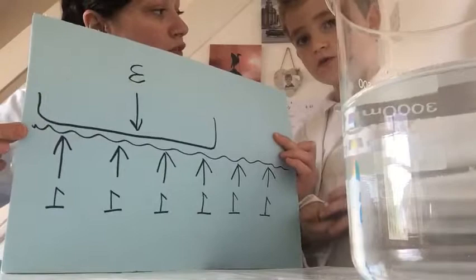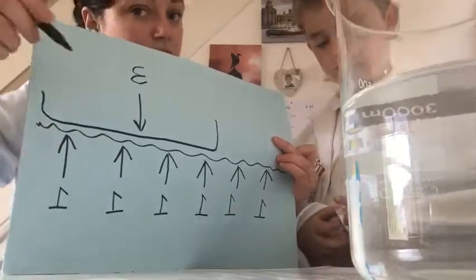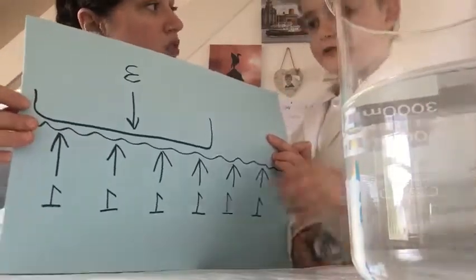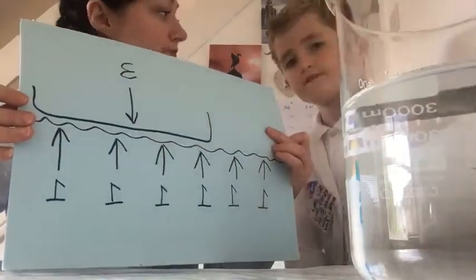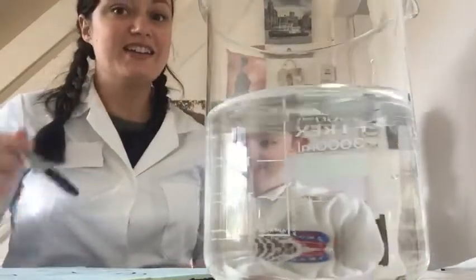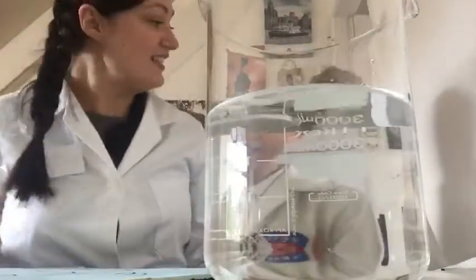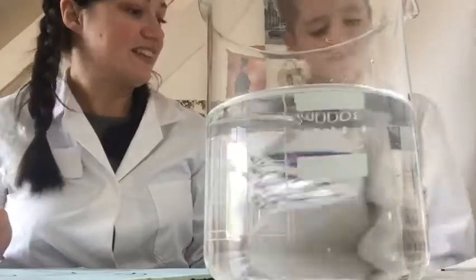So you've got more force pushing up than you have pushing down. So does that make it go even higher? No, it just makes it float. So imagine that is the boat. And it's going to float. Put it in the water and show it floating. So that is floating nicely.